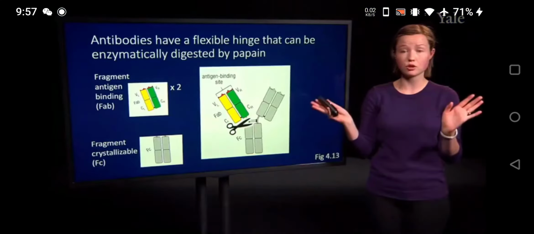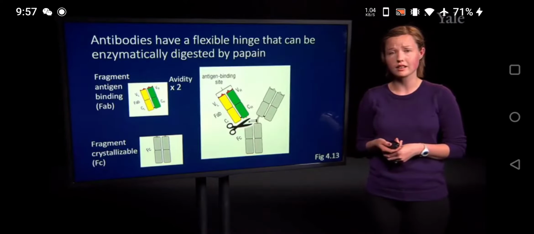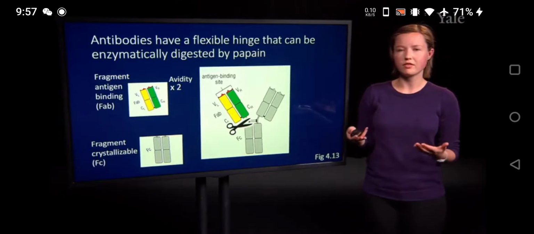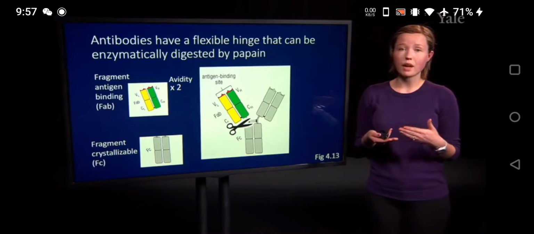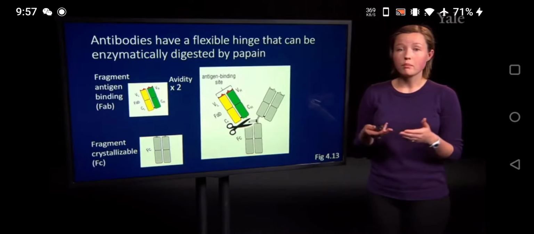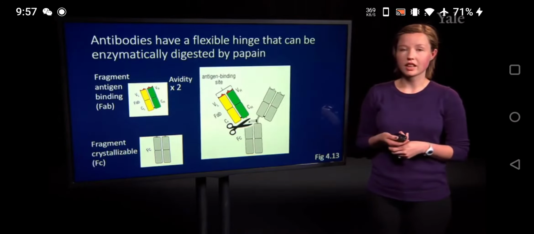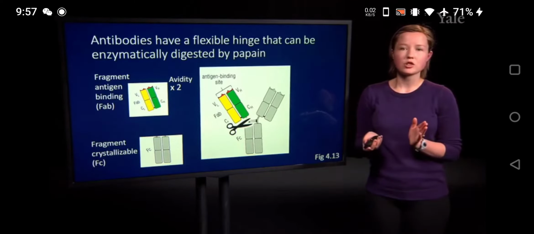This provides us with this important concept referred to as avidity. Affinity is when a receptor will bind to an antigen. Avidity refers to when multiple sites are binding to that antigen. This increases overall affinity, and it just refers to when there are multiple sites that can interact with the same antigen.